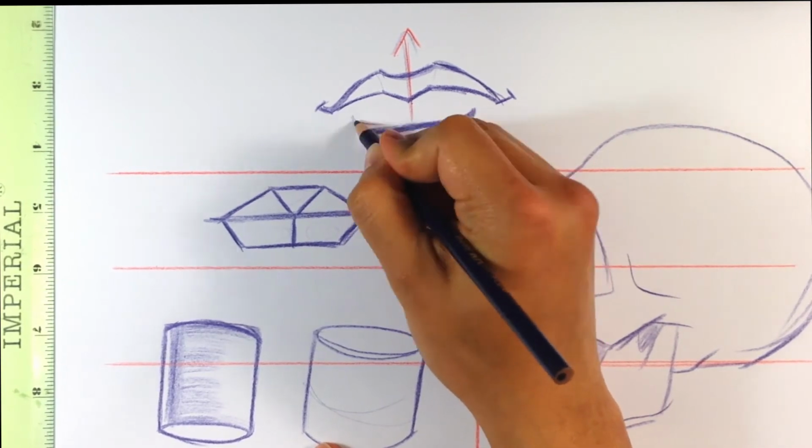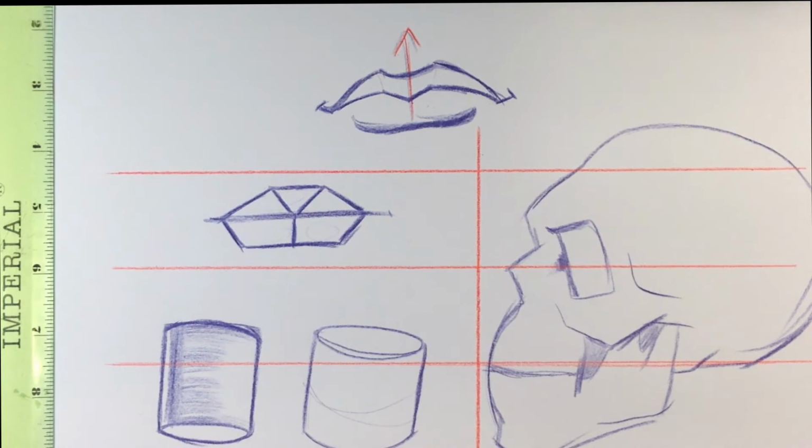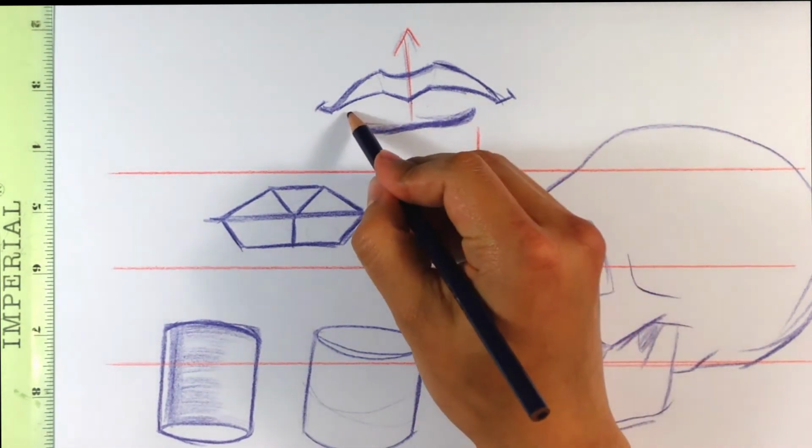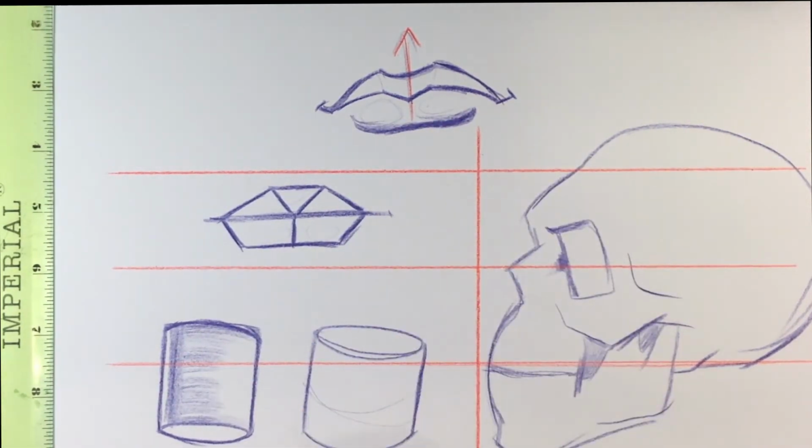Like I said, it's two fat pads. Sorry about that. There's two fat pads down here. These are kind of circular. So that would be a general lip type right there.